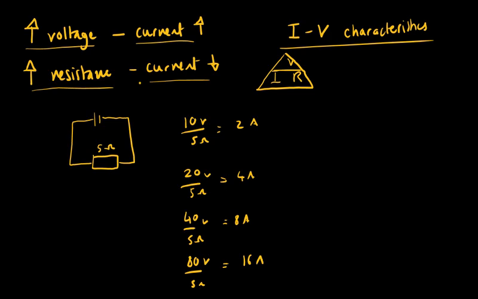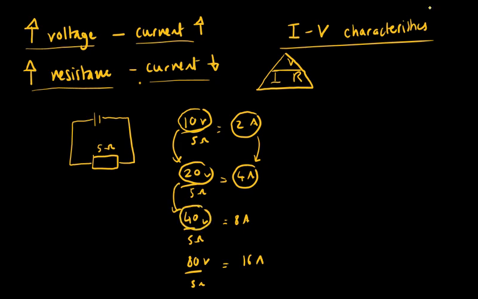So what we've noticed there is as we increase voltage, yes, current is increasing, but as we double voltage from 10 to 20, the current is also doubling from 2 to 4. And as we go from 20 to 40, the current doubles again from 4 to 8.